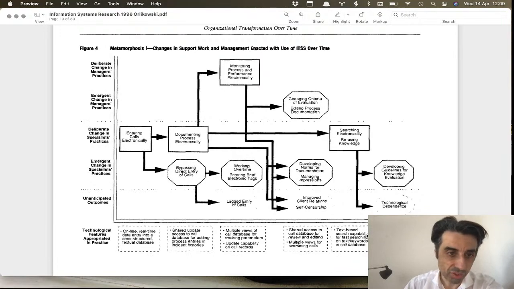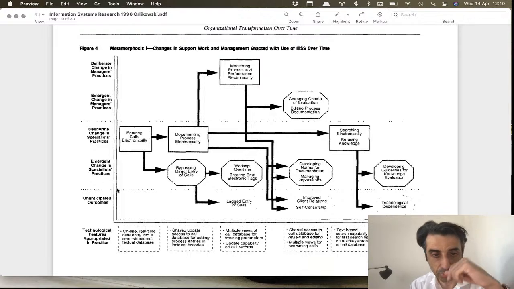So look at what she does, right? So what she does is she has a figure that has specific rows for deliberate and emergent change in managers and employees' practices, the outcomes, unanticipated outcomes, and here a row for the features, right? And then she shows how this evolves over time.